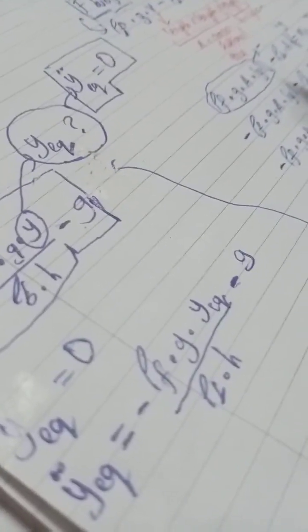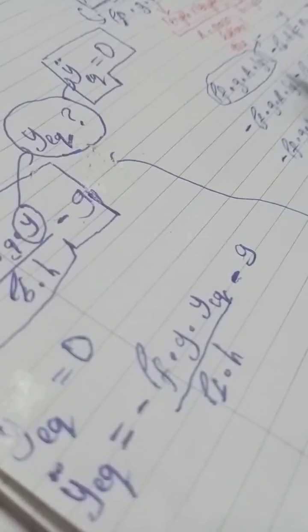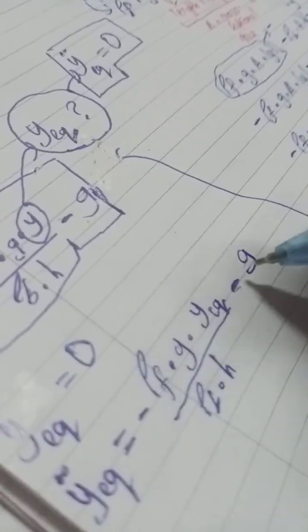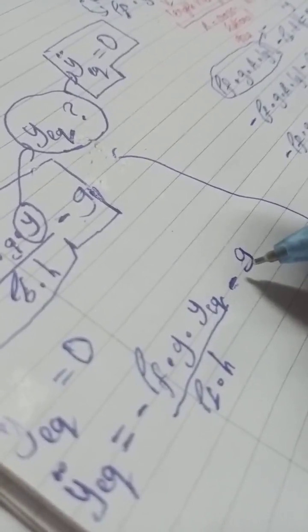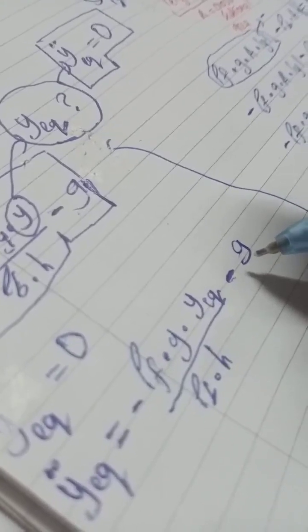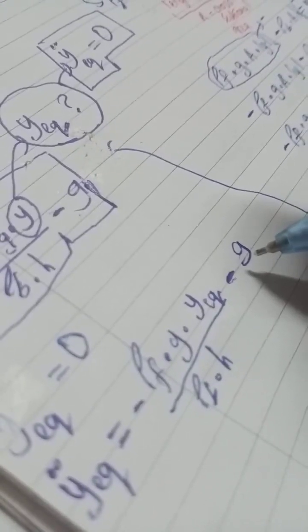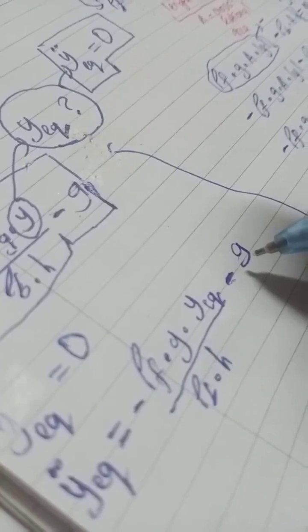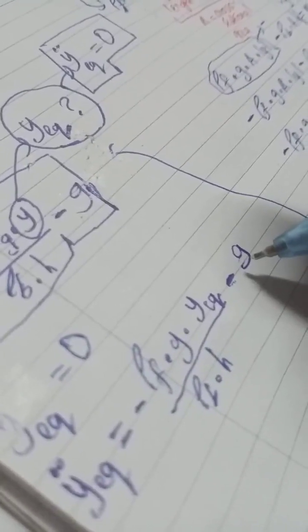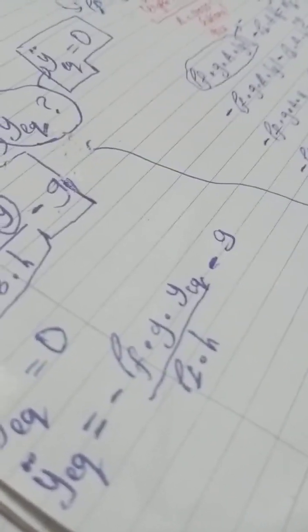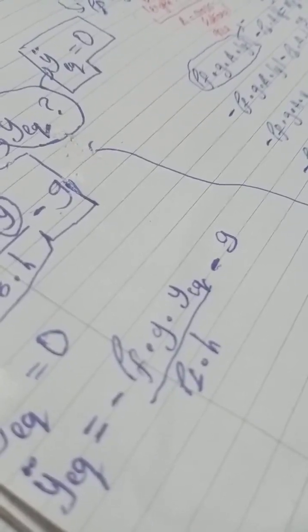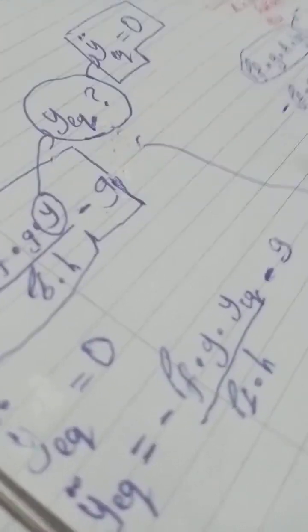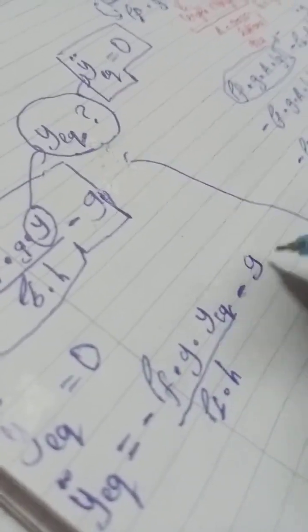So here is the most confusing and the most time-consuming part I have ever done. So here we know that this will be equal to 0.